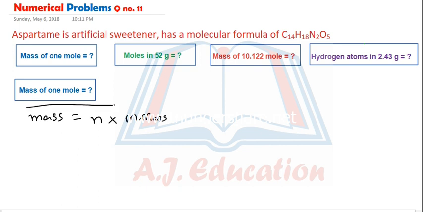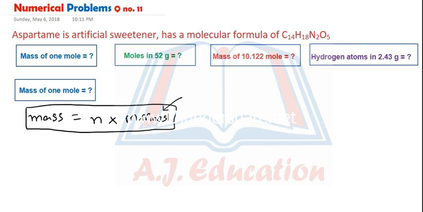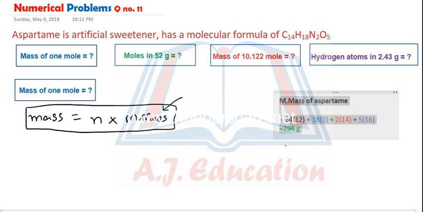This is the formula we are going to use to solve this first numerical problem. This is very easy. For this we need the molar mass of aspartame. We can calculate the molar mass of aspartame using the individual atomic masses. Here the molar mass of aspartame would be 294 gram per mole. I have calculated this for you already.